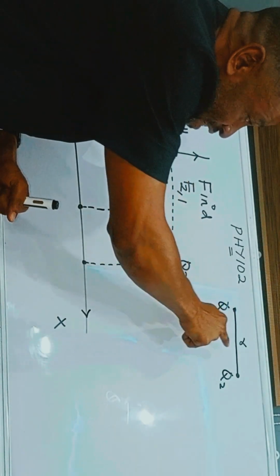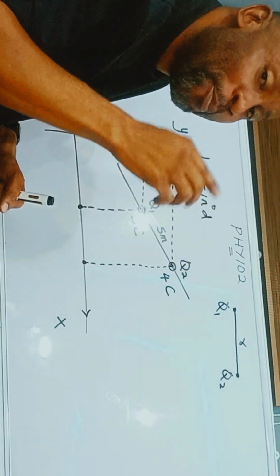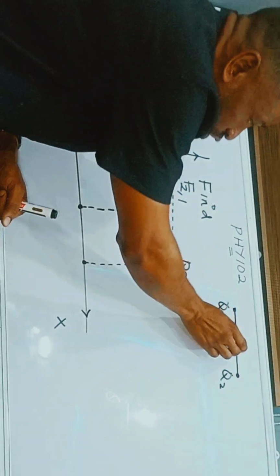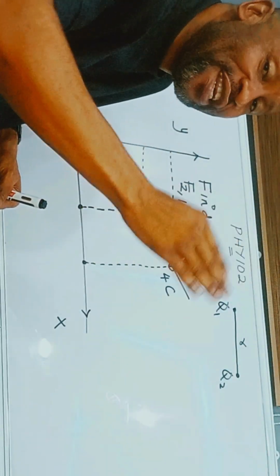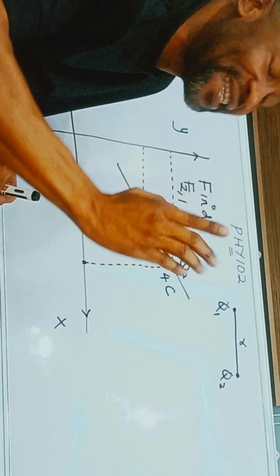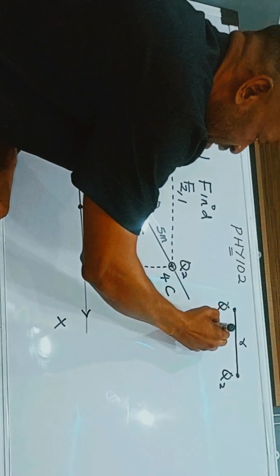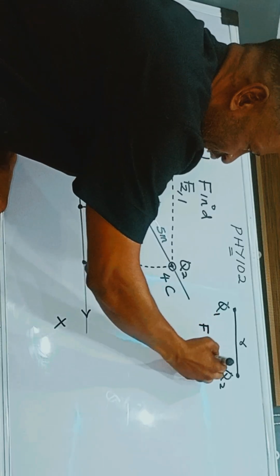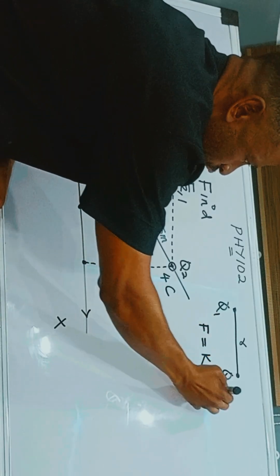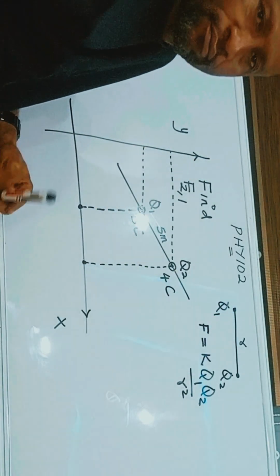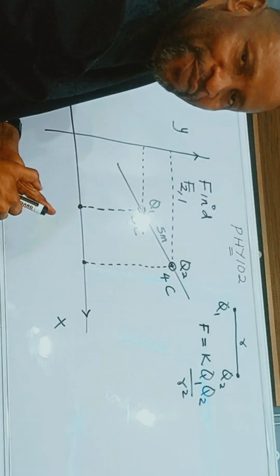The charges are located on a single straight line, but the line is perfectly horizontal. What you're going to do here is the same thing you're going to do when the charges are located on a single straight line that is vertically oriented. Just tell them that the force is defined as K Q1 Q2 all over R squared. That's all. That's what you're supposed to do.